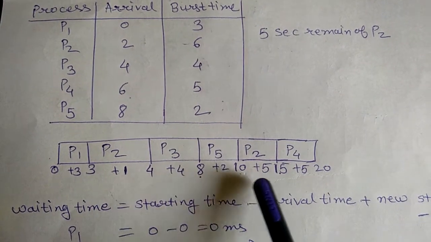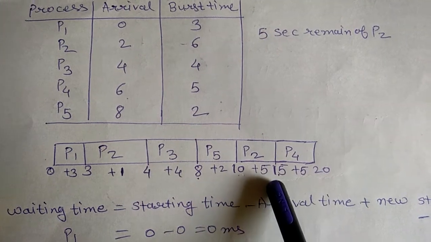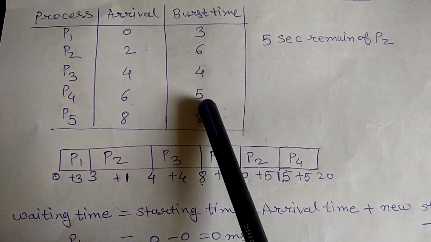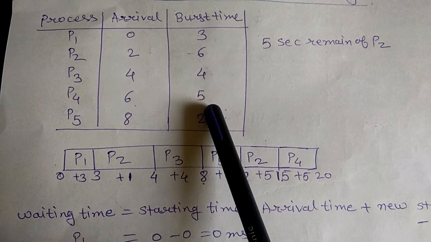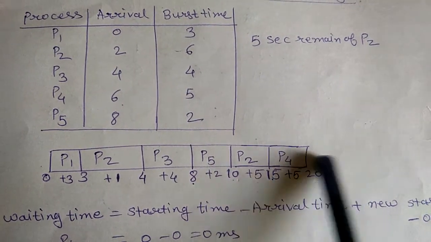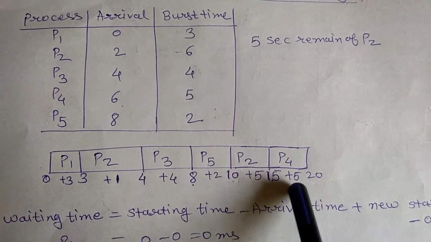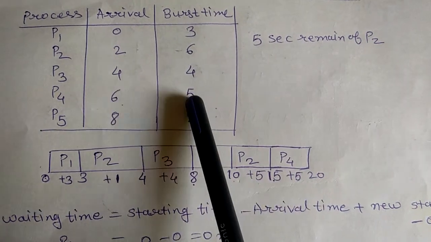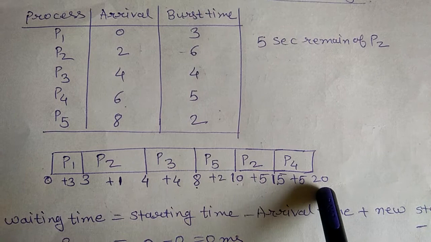So now at the 15th second, process P4 has started. The burst time of process P4 is 5 seconds. Even P4 doesn't have to vacate its place, because there is no other process left in the queue. So P4 will complete at the 20th second: 15 plus 5, 20th second.